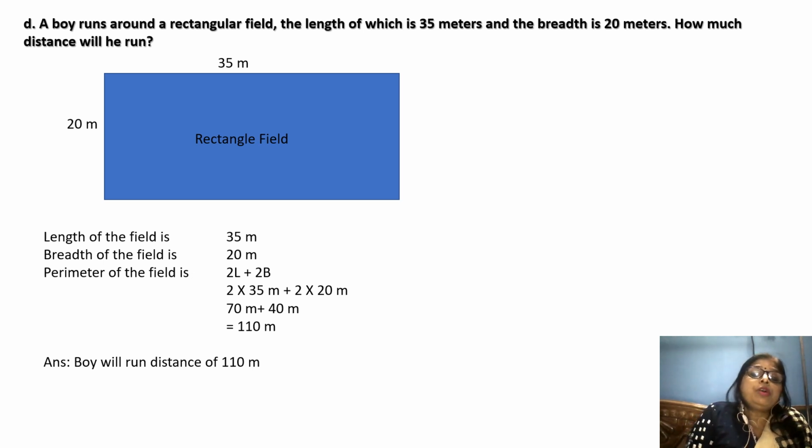So the total length of this rectangular field is 110 meter. So in answers column you can write that the boy will run the distance of 110 meter. So my dear students, I think all the concept is clear to you now.